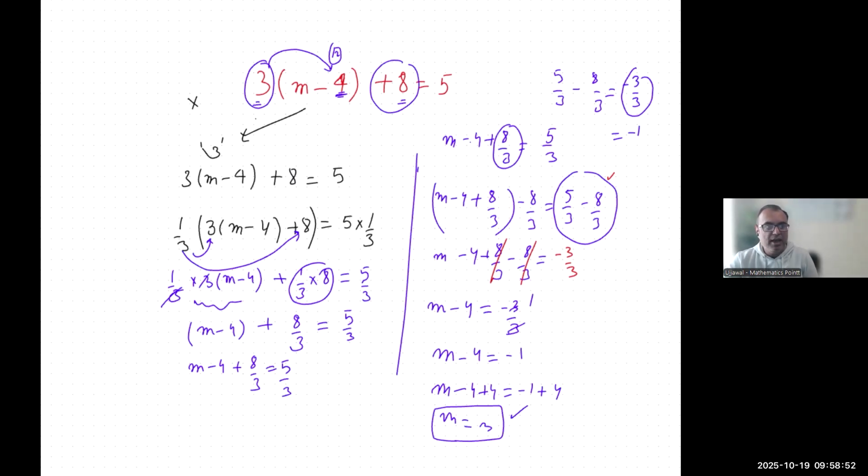Shall we quickly see how we can do this, get rid of this 8, as the last topic for the day. So I have 3m minus 4 plus 8 equals to 5. Let's get rid of this 8. I say negative 8, negative 8.